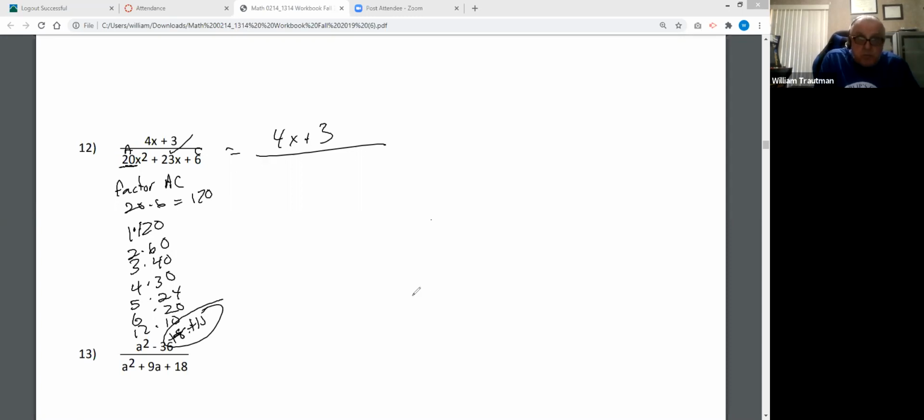So remember, this is 20x squared plus 23x plus 6. You have to split the middle with 8x plus 15x. Bring down the plus 6, bring down the 20x squared.